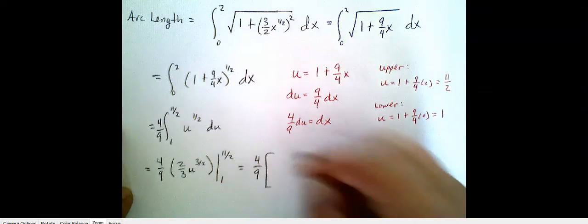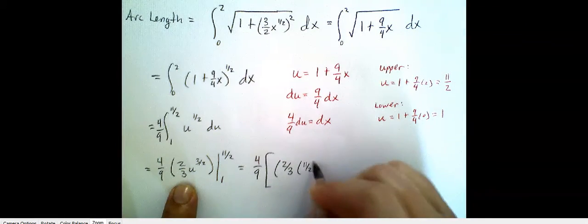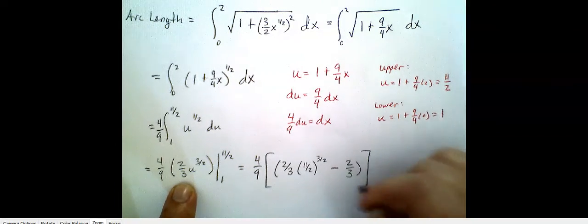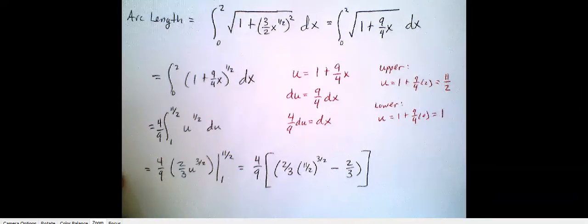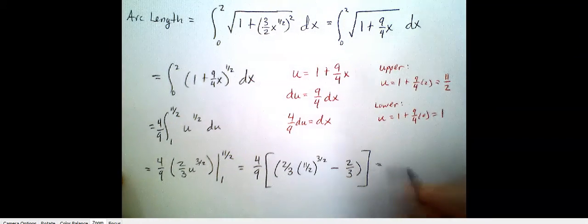So we'll have 4/9 times 2/3 times (11/2 to the 3/2 minus 1). So let's use our calculator to get that final answer. So it looks like about 3.53. Okay.